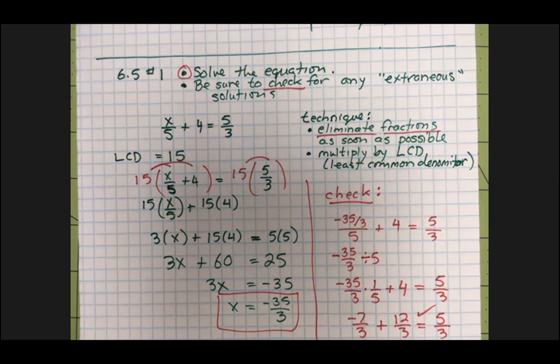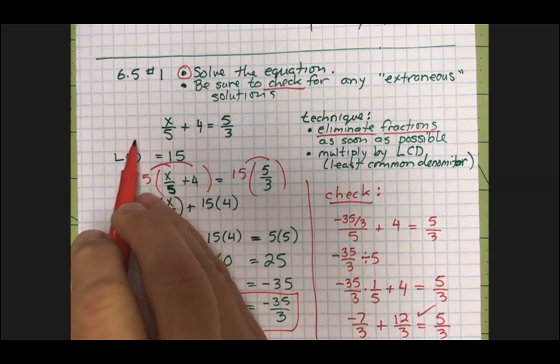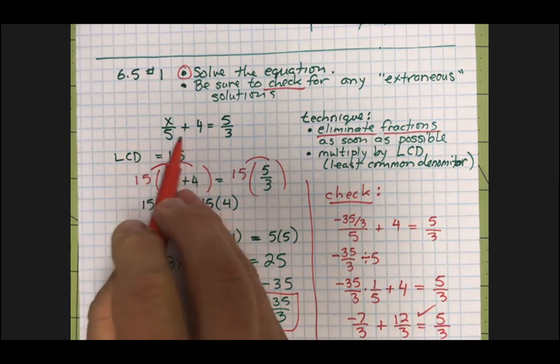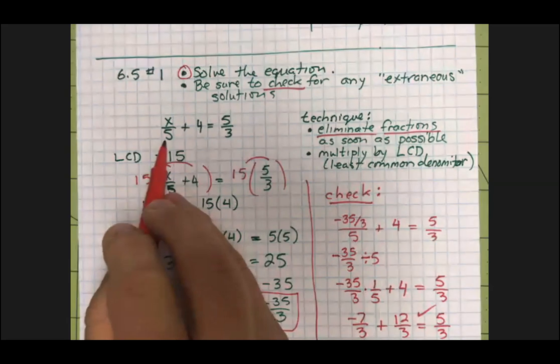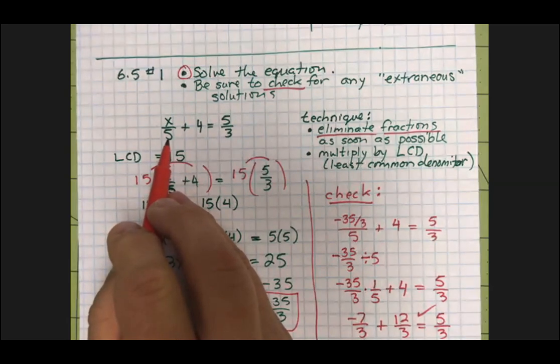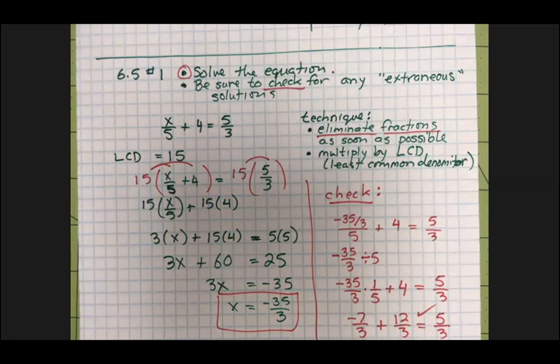And the answer is not in this problem. This problem is a problem that had no danger in it. Now, by danger, when I talk about fractions, I mean danger means dividing by 0. When we have a full rational expression, it's possible that we have variables on the bottom too, right?